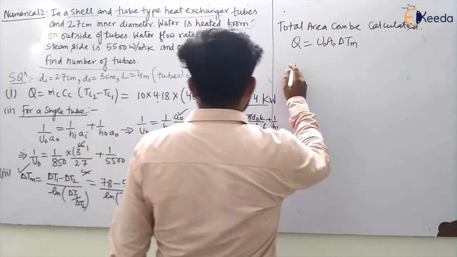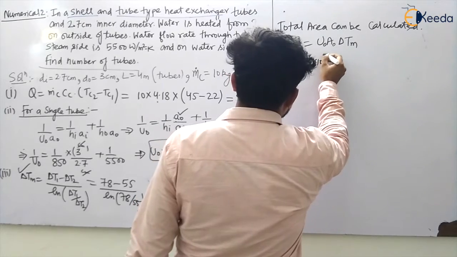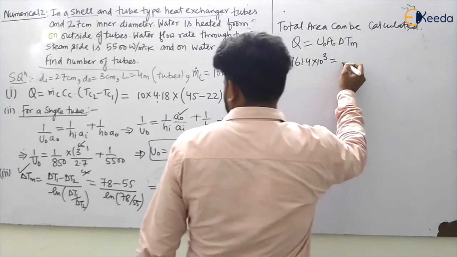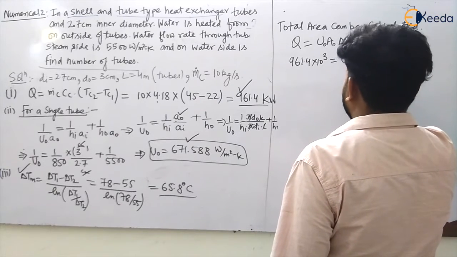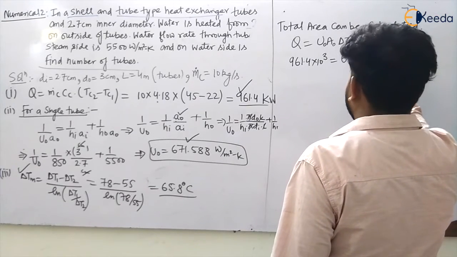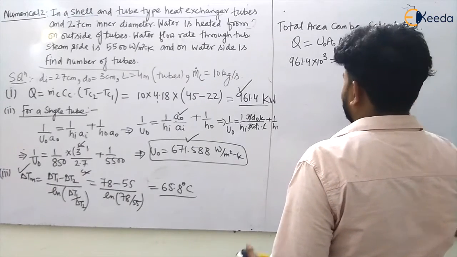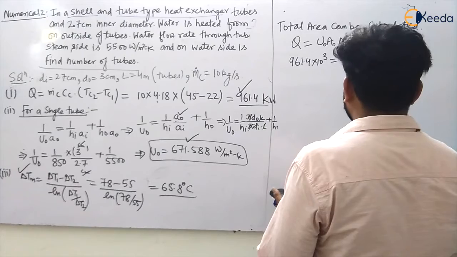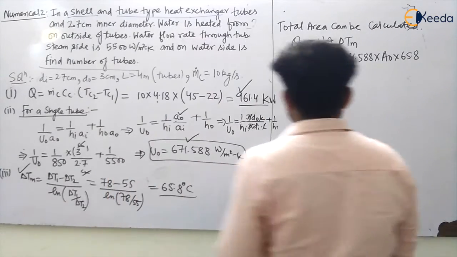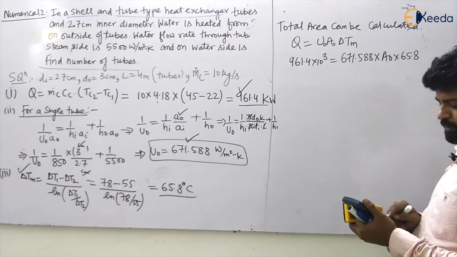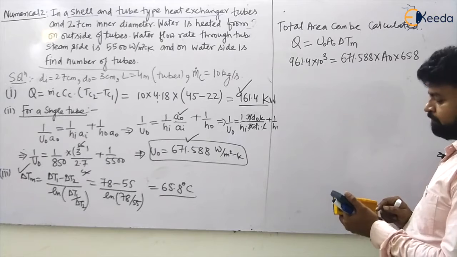Q we know: that is 3961.4 into 10 to the power 3. U naught we know now: 671.588, my dear students. Multiply by A naught, and delta Tm is 65.8 degrees Celsius. So let us see what we will have.